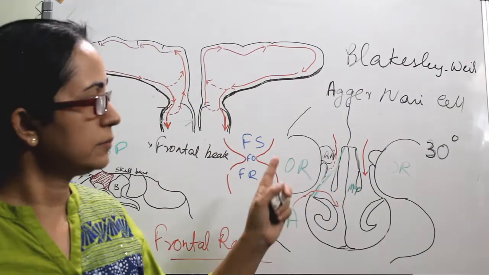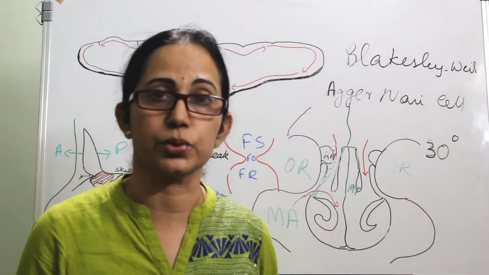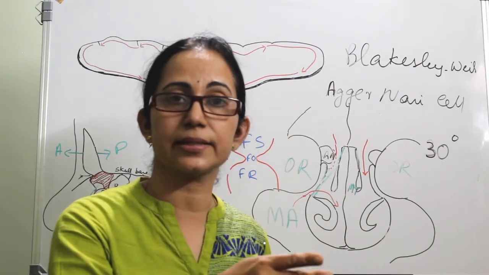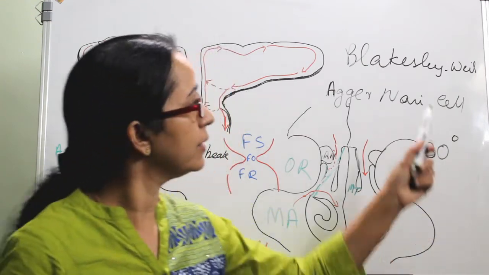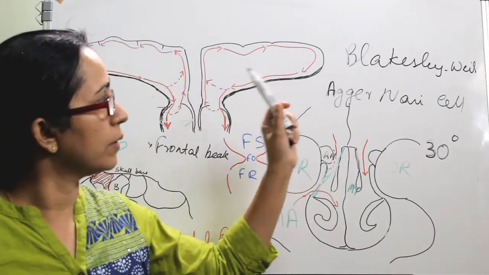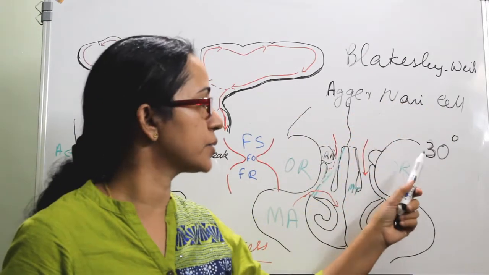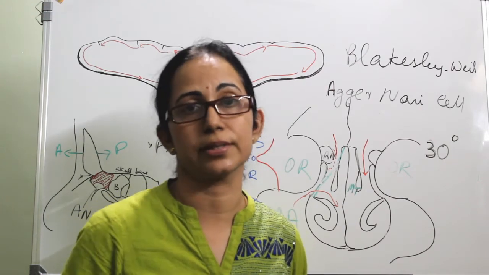Okay. So Blakesley-Weil instruments have fenestrated jaws. So while catching the area, we can see the structures behind that. That is the importance of this Blakesley forceps. So Blakesley-Weil instruments as well as a 30-degree endoscope are used to work near the frontal recess area.